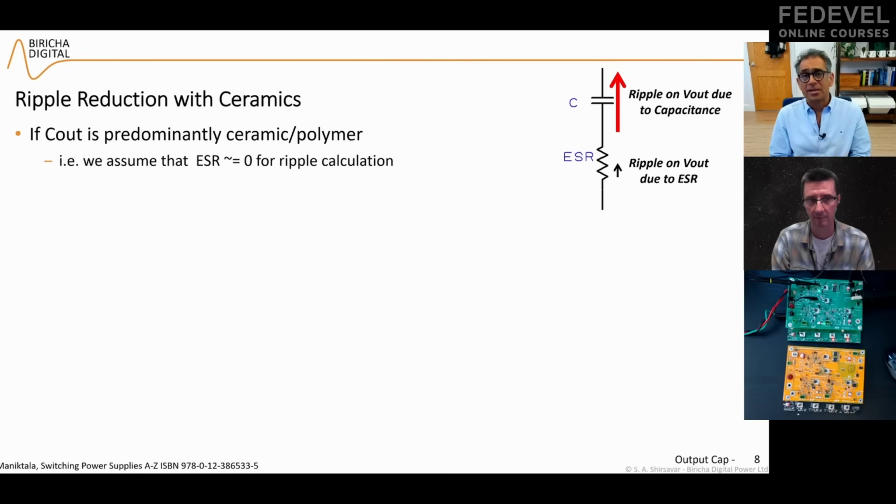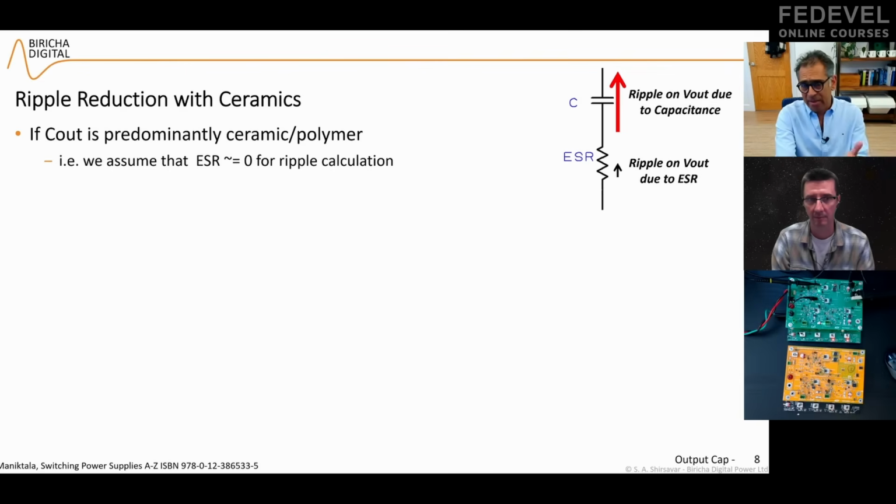On ceramics and polymer, it's very, very low, so at least for ripple calculations, we usually ignore it. We say, you know what, all of the ripple is because of the amount of capacitance that we have, and we set ESR to 0. For electrolytic, it is the other way around, and that's my third calculation. So we talk about that a little bit later.